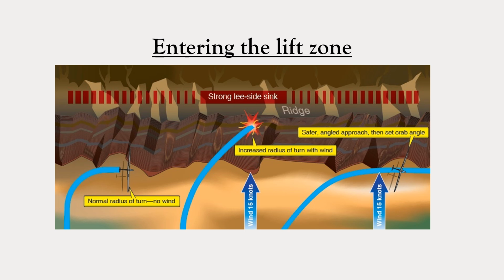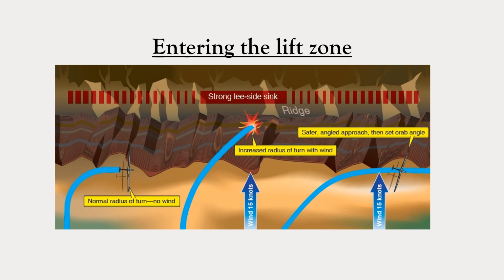When you enter the zone of lift and you're coming from the direction that the wind is coming from, you have to be very careful about how you approach that lift zone. You want to come at a shallow angle to the ridge, like this glider on the right is doing, and then turn and get yourself into a crab angle.